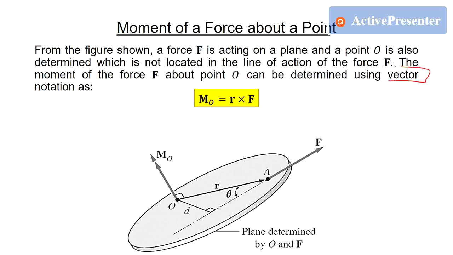If we say vector notation, it means the answer will be in vector form. The formula for that is the cross product of R and F. R is the position vector from the moment center, which is point O, to point A, where point A is any point on the line of action of F. So this point right here can be point A, meaning this can be R, and this can also be R, because point A is any point on the line of action.